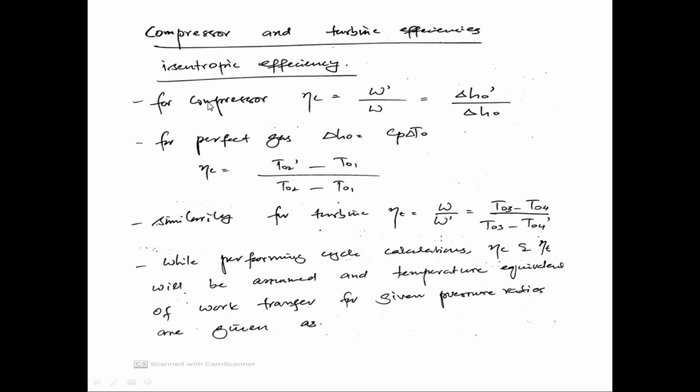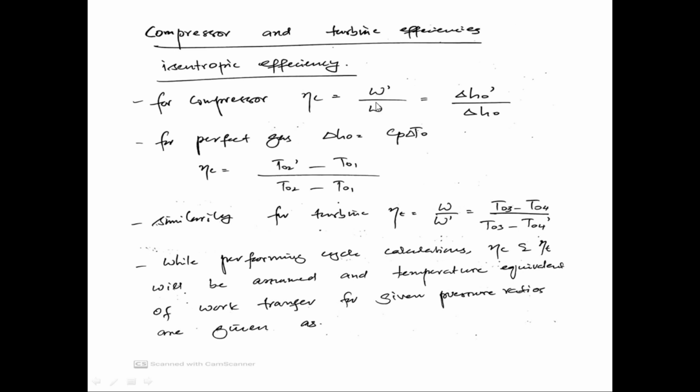For the isentropic efficiency of the compressor, we know the compressor is going to consume work. As a result, the compressor efficiency is given as isentropic work consumed divided by the actual work consumed.